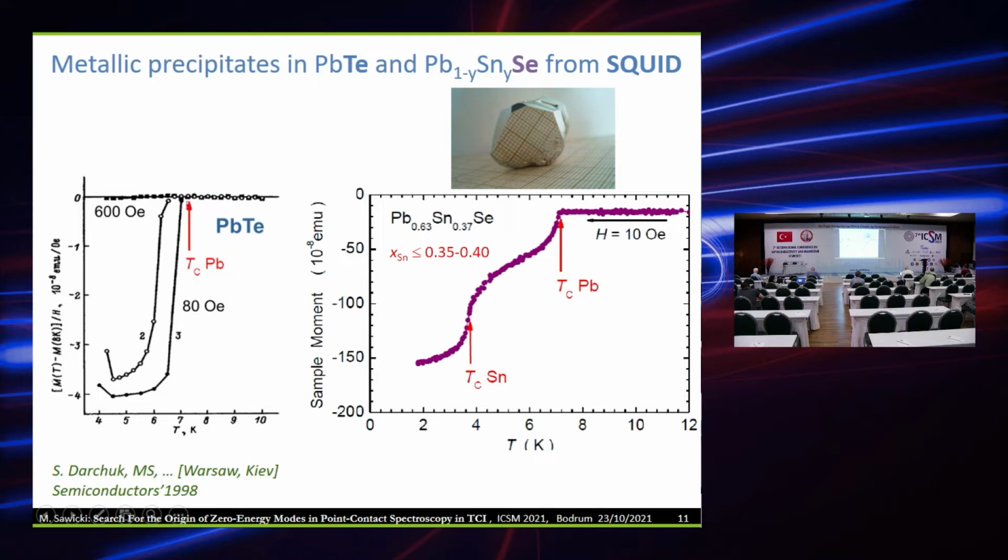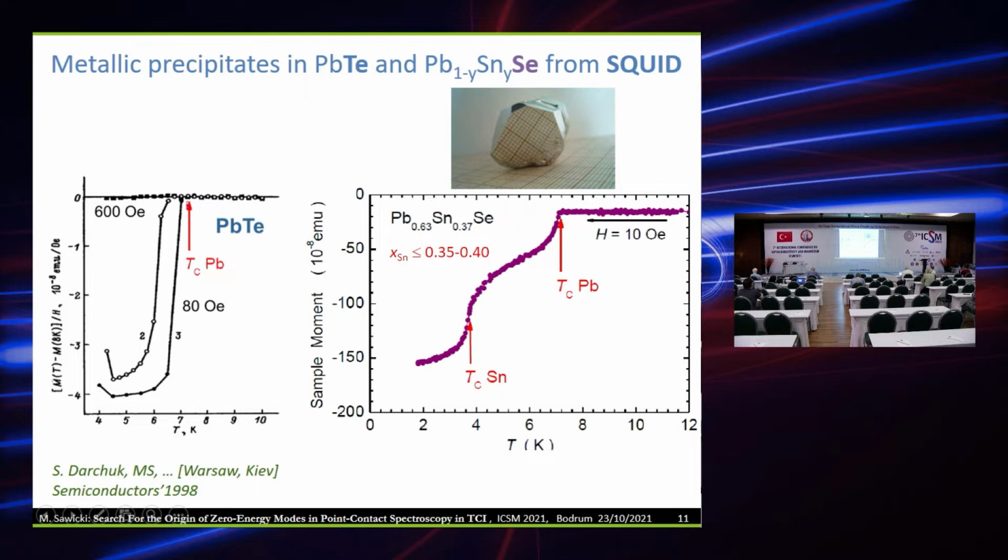And in fact, I didn't go into this detail, but there are limits within which we can mix the elements in this compound. For example, when we increase the concentration of tin above 37% in selenium compounds, we get precipitations of lead and tin. For crystals like this, we indeed find clear evidence that both lead and tin precipitated.